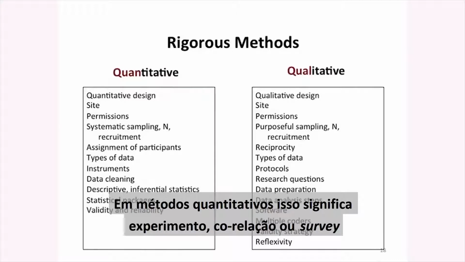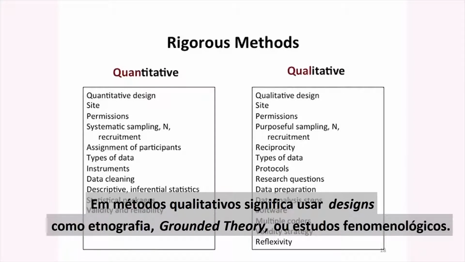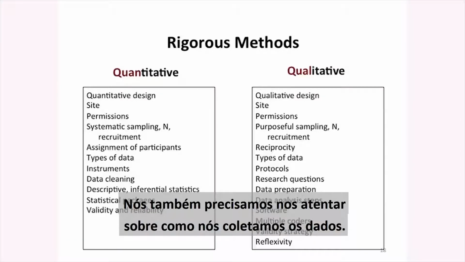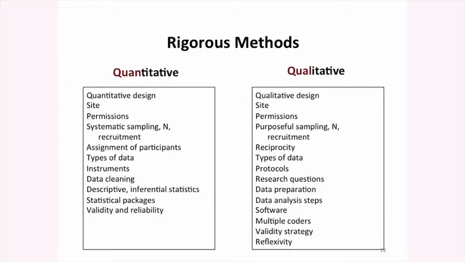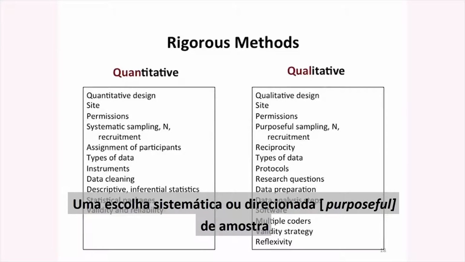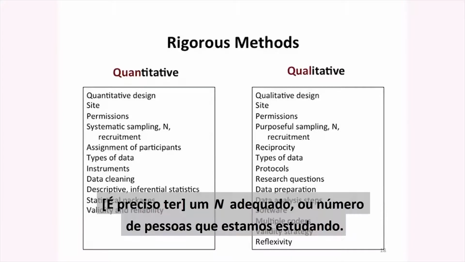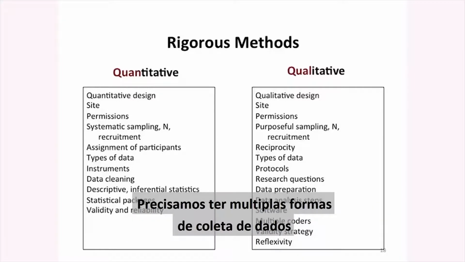In quantitative, this would mean an experiment or correlation or survey, whereas in qualitative, it might mean using a design such as an ethnography, a grounded theory, phenomenological study. We also need to attend to how we collect the data from sites, permissions, a systematic or purposeful sampling, an adequate N or number of people that we study. We need to have multiple forms of data collection.